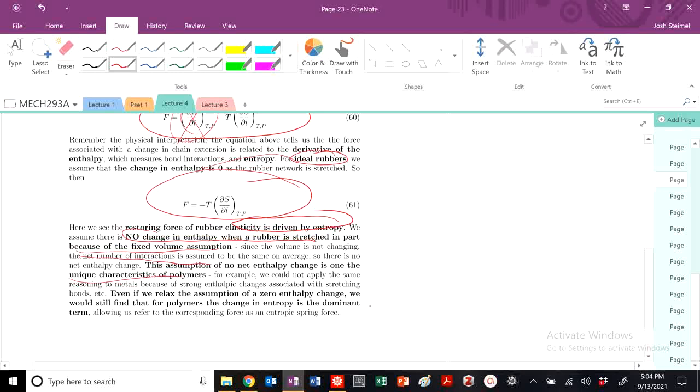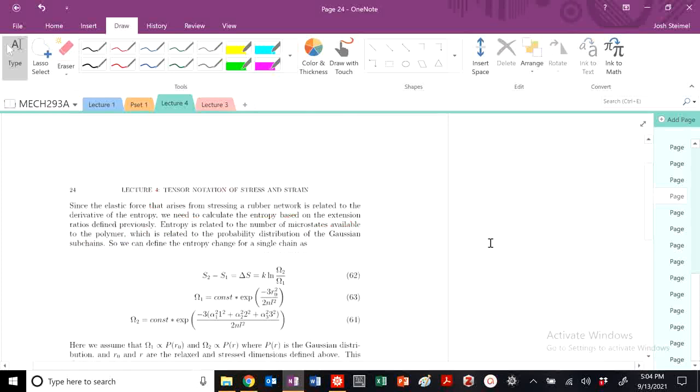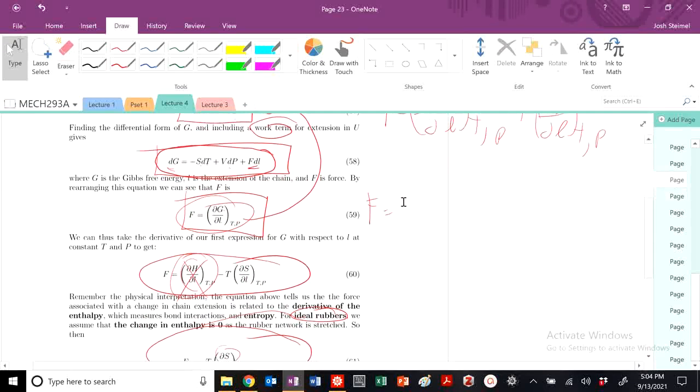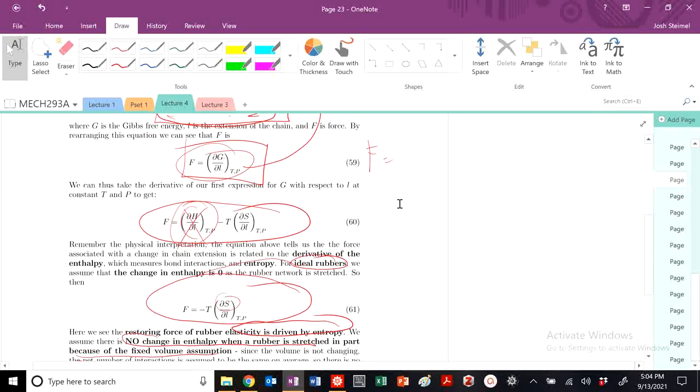But we know, for example, that when I stretch my material, I'm reducing its conformations. So as my length increases, my number of microstates, my entropy, decreases. So dS/dL will be negative. We have to calculate the entropy anyways, but we're going to see that the entropy decreases as I increase my length.